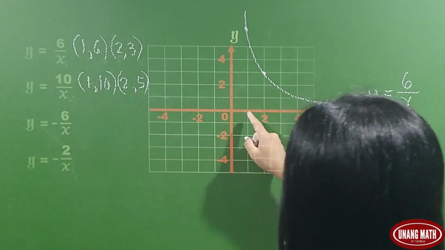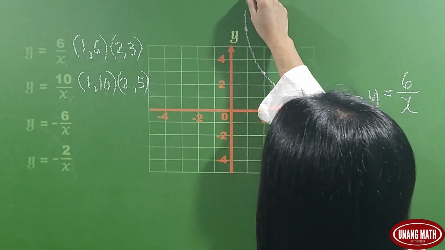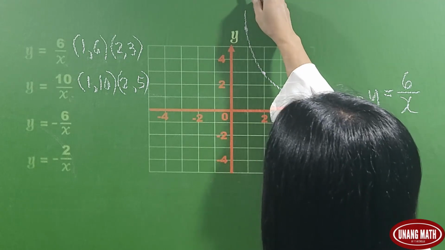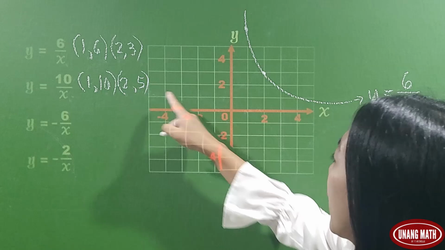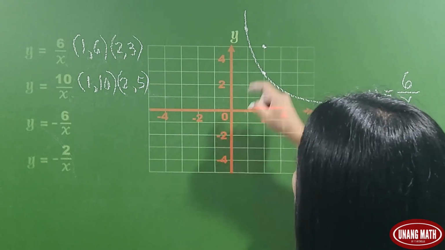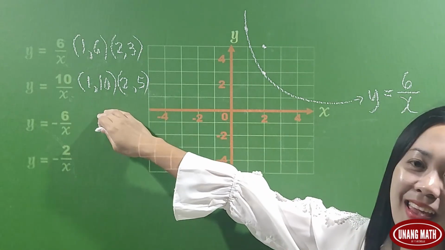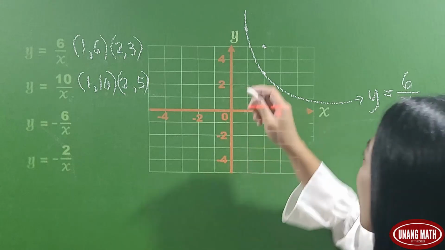So 1 and the y-coordinate is 10. So the point is here. What about 2, 5? The x-coordinate is 2, the y-coordinate is 5. Since this is an inverse proportion equation, the graph is a smooth curve.